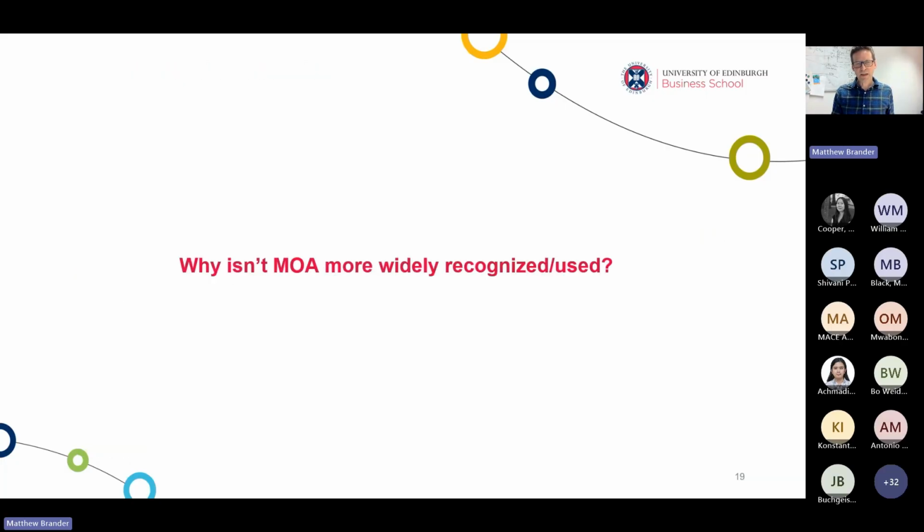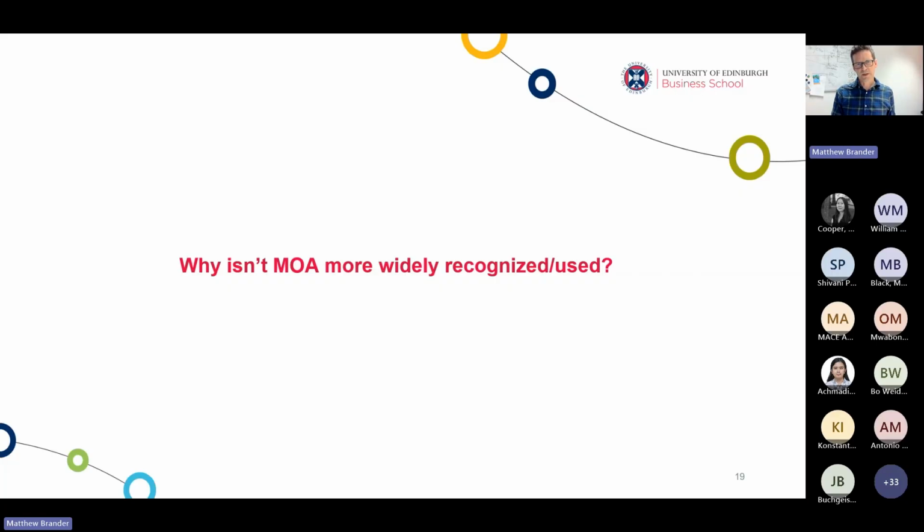And that also leads me on to the second to last thing that I wanted to talk about, which is this question of, well, why isn't MOA more widely recognized and used? I've suggested that it has some advantages in terms of transparent baseline and intervention scenario and this very clear temporal information. So it's an interesting, important question to ask.